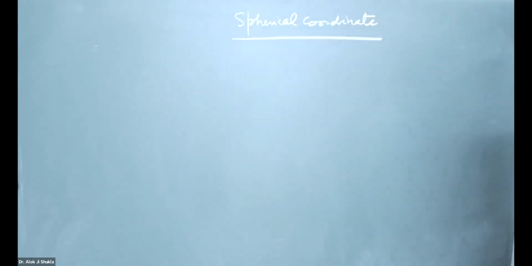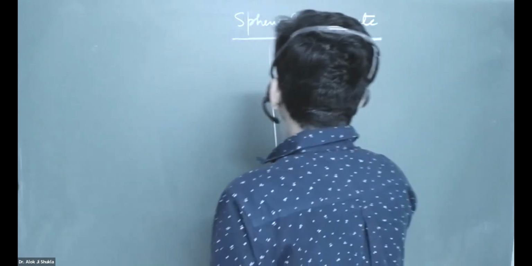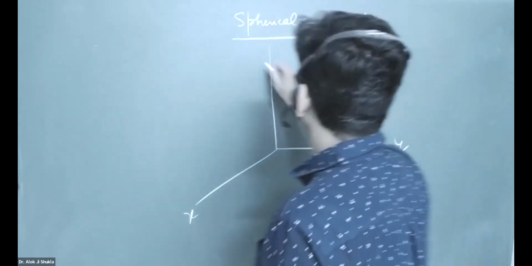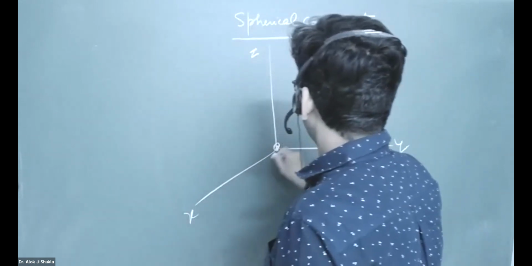Spherical coordinate system, absolutely similar. So it is like this: x, y, and z.